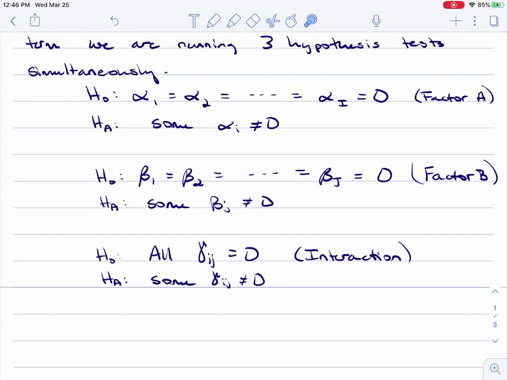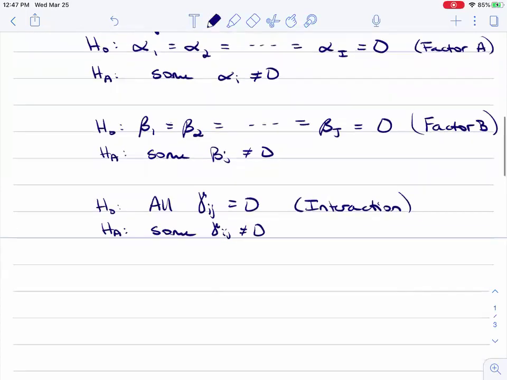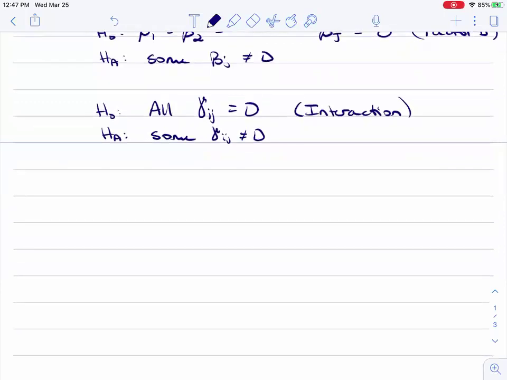So the difference with how we approach the analysis of all these things is going to depend on if we have an interaction term or not. If interaction is present, what we have to do is use the conditional averages instead of the marginal averages for things like hypothesis testing, confidence intervals, effect sizes.